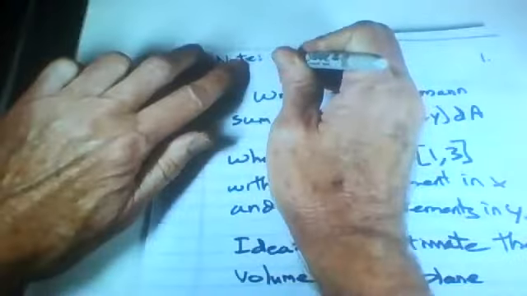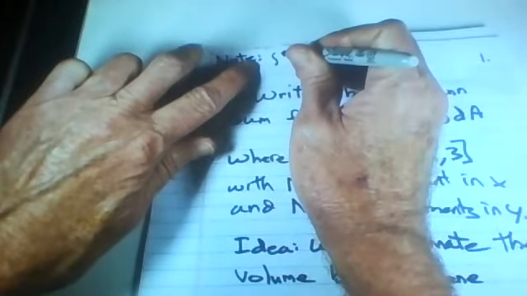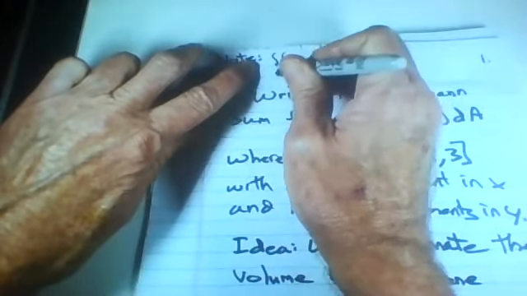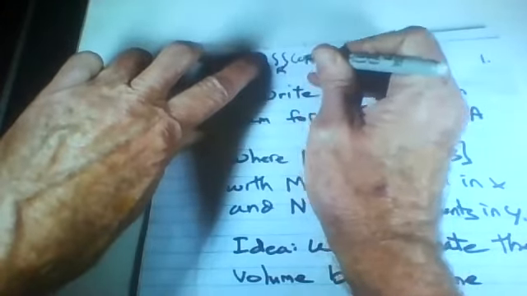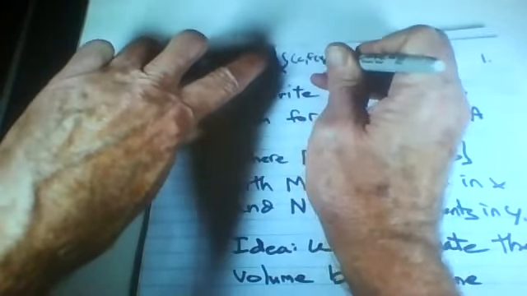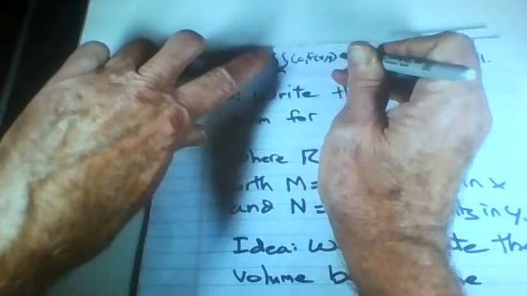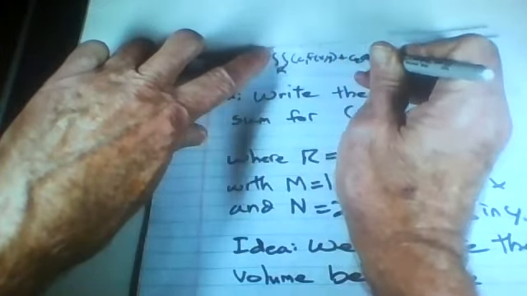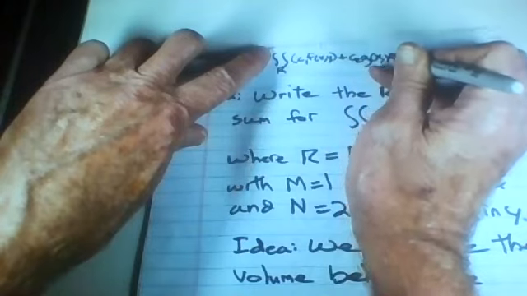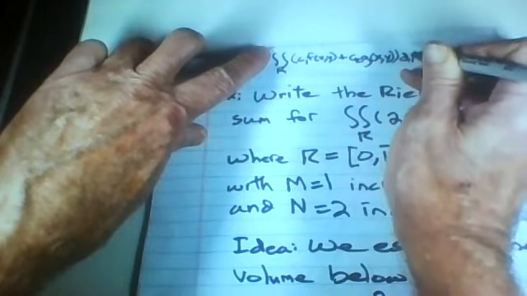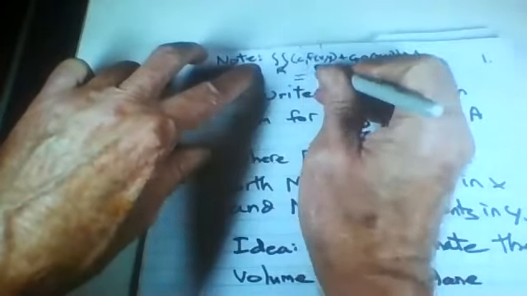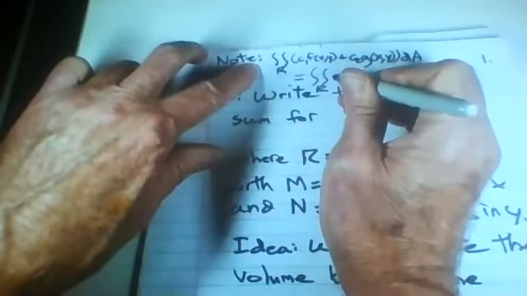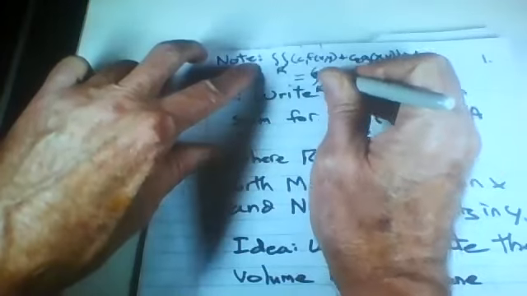Just as in calculus 1, when you took the integral of the sum, it was the sum of the integrals, and you can pull a constant out. Similarly, if you take a double integral of a constant c1 times f of x, y plus a constant c2 times g of x, y, dA over a rectangle, the integral of the sum is the sum of the integrals, and you can pull the constants out.